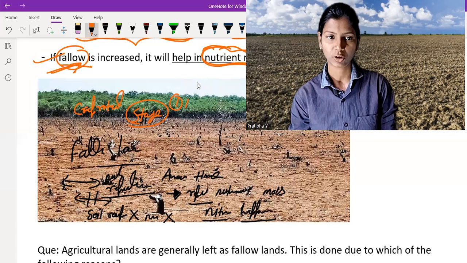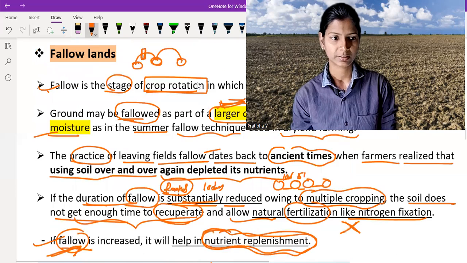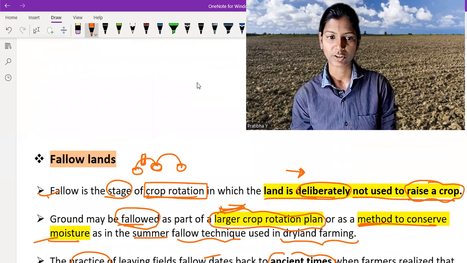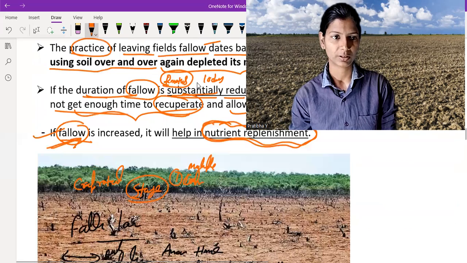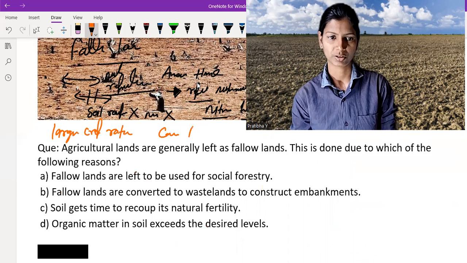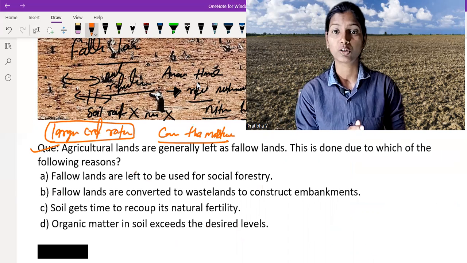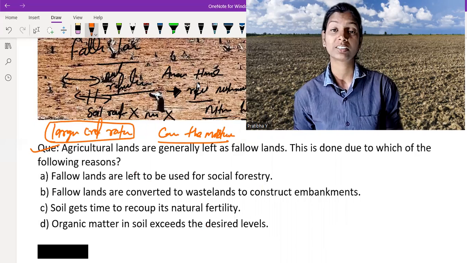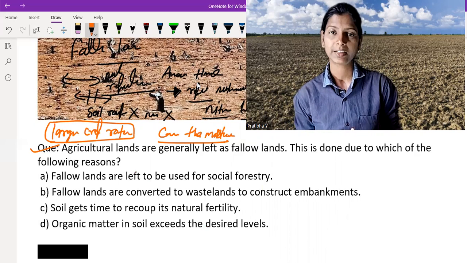It is a part of their crop rotation technique so that they can raise multiple crops, and the other reason is to conserve moisture. These are the two main reasons due to which farmers leave their land fallow for a certain amount of time. I hope you understand what fallow land is, why this technique is followed, and its importance and significance in agriculture.